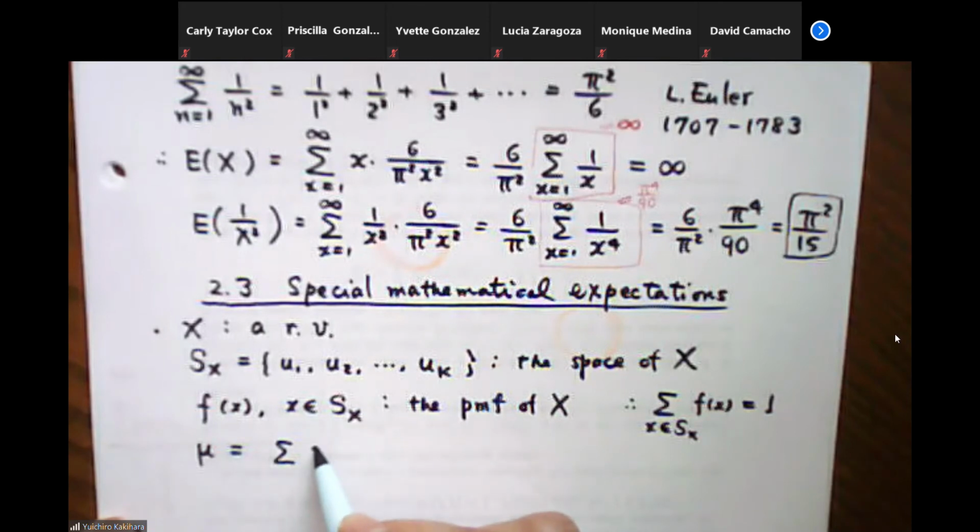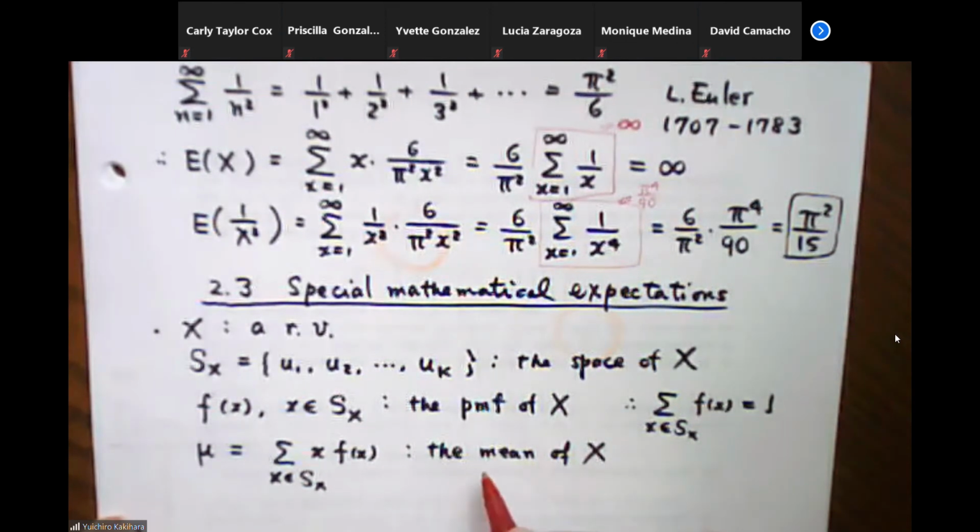This is the sum of x times f of x, with x in S sub X. This is called the mean of X, E of X, same as E of X. It's easier to say mu. Mu is a mean or average, you can think.